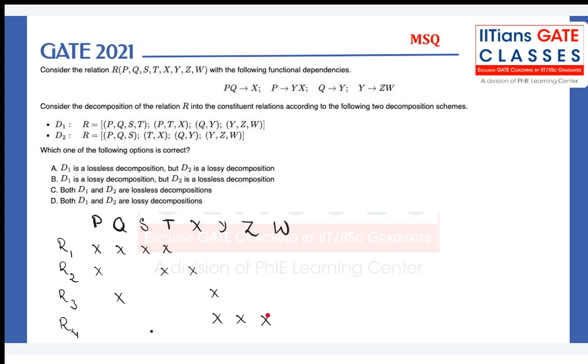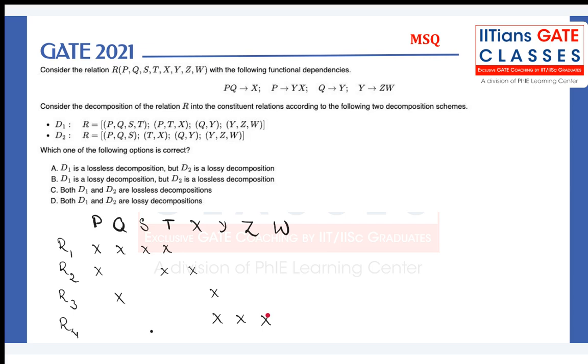Now let's go over each functional dependency. PQ derives X. Are there two rows with PQ values marked? No, there is only one row, R1, which has PQ marked. P derives YX. Are there two rows with P marked?